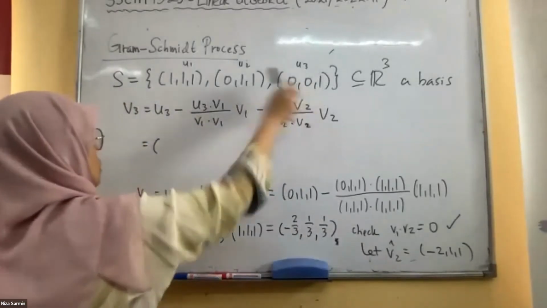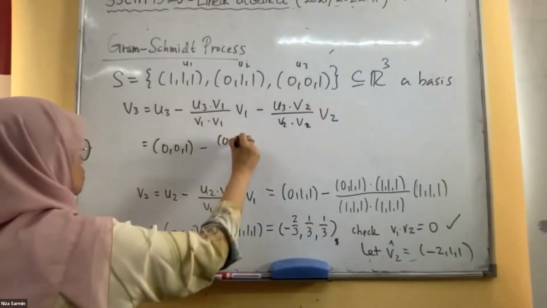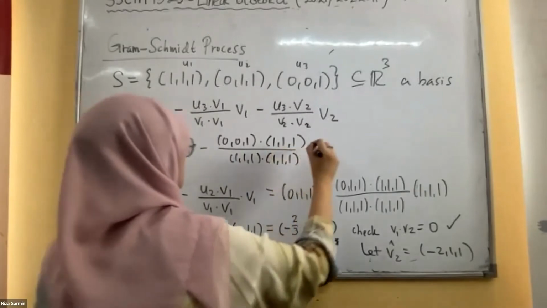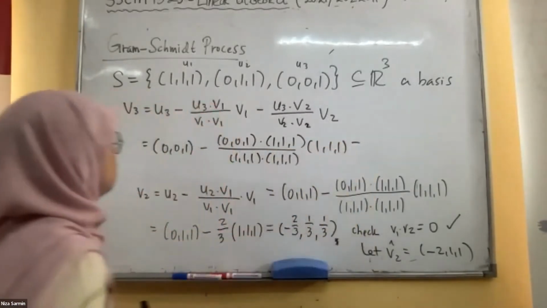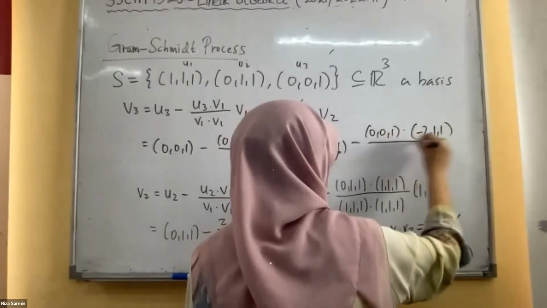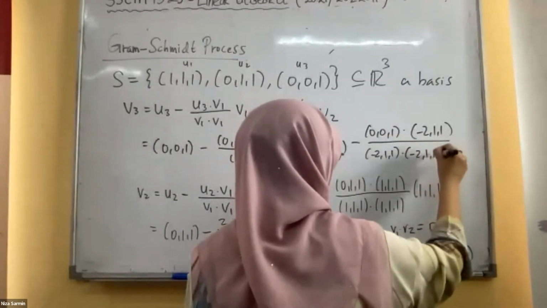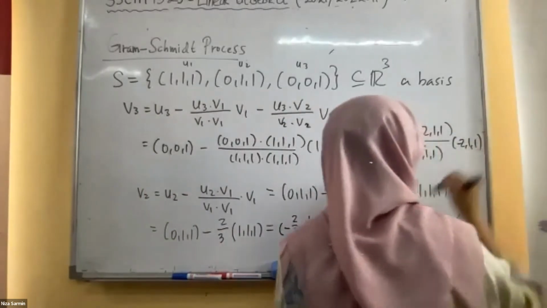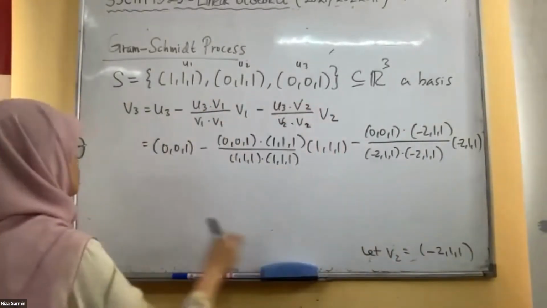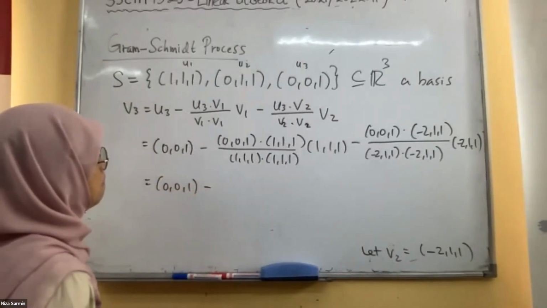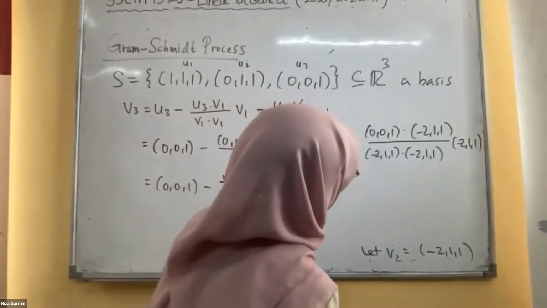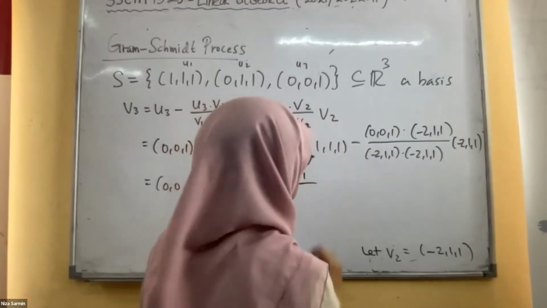Which is U3 here, 0, 0, 1 minus 0, 0, 1 dot 1, 1, 1 just now over 1, 1, 1 dot 1, 1, 1 multiplied by 1, 1, 1 minus U3 0, 0, 1 dot negative 2, 1, 1 over negative 2, 1, 1 dot negative 2, 1, 1 then negative 2, 1, 1. 0, 0, 1 minus 1 over 3, 1, 1, 1 minus 0, 0, 1 over 6.